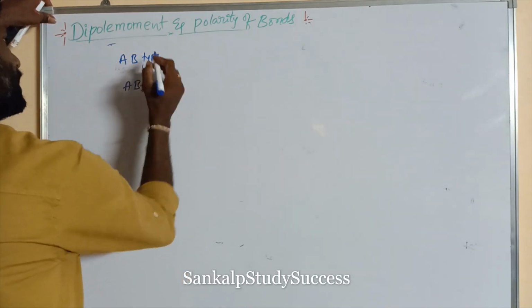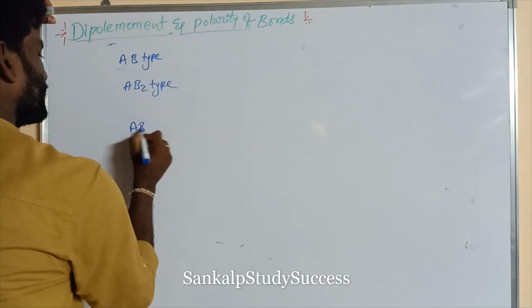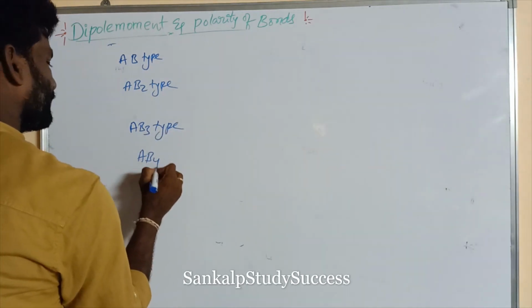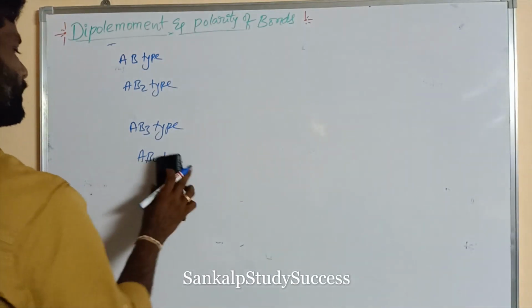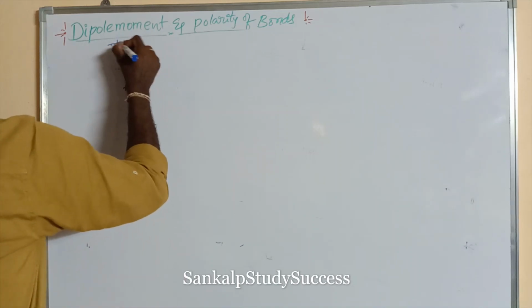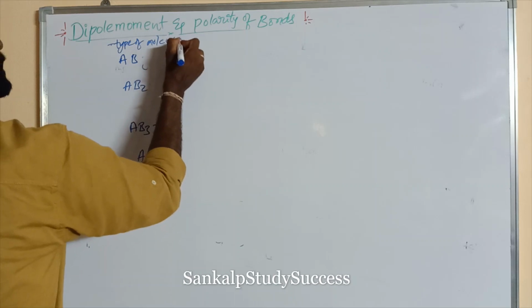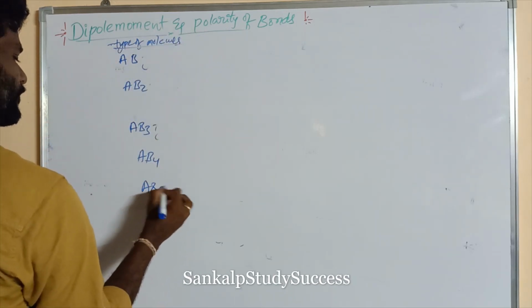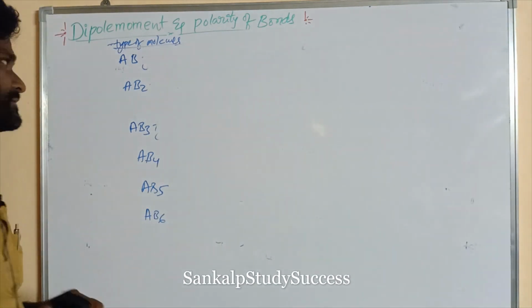We can take these types of molecules: AB type, AB2 type, AB3 type, AB4 type, AB5 type, and AB6 type.